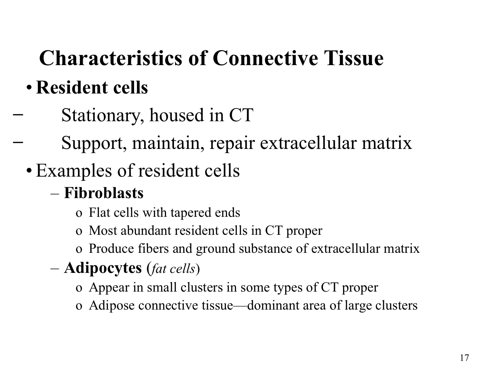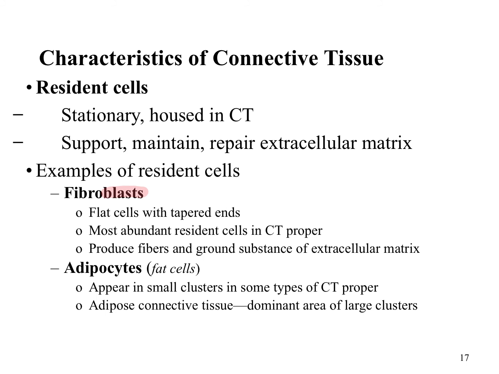Some examples of resident cells include fibroblasts. Anytime you see this part of the word, blasts, it means that cell is going to produce something. Chondroblast, osteoblast, fibroblast are three examples. Fibroblasts will produce the fibers present in types of connective tissue.